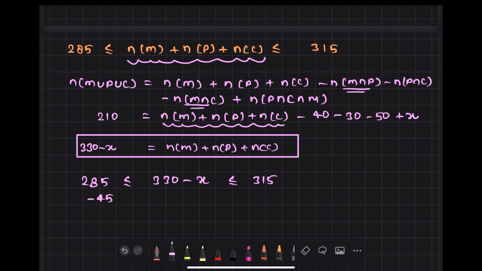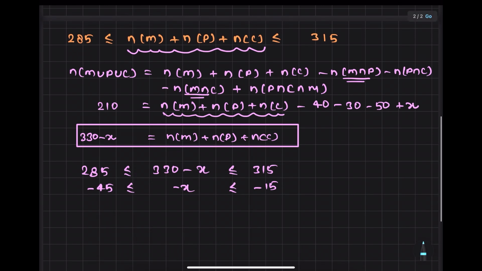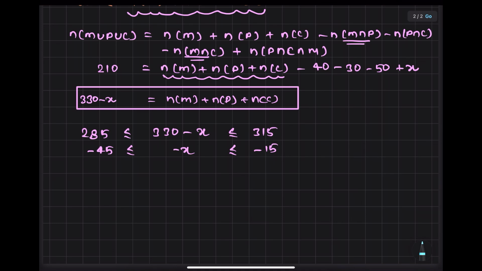So minus 45 is less than or equal to minus x, which is less than or equal to minus 15. You cannot have minus x, so we multiply by minus 1, and the sign of inequality will change. So it becomes 45 greater than or equal to x greater than or equal to 15.